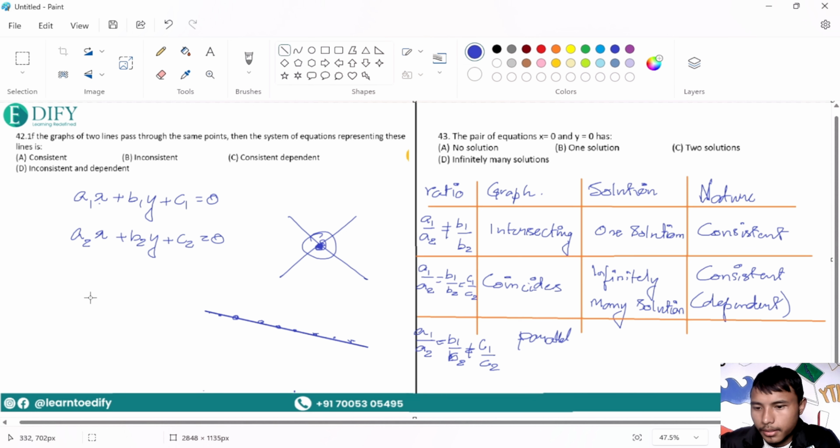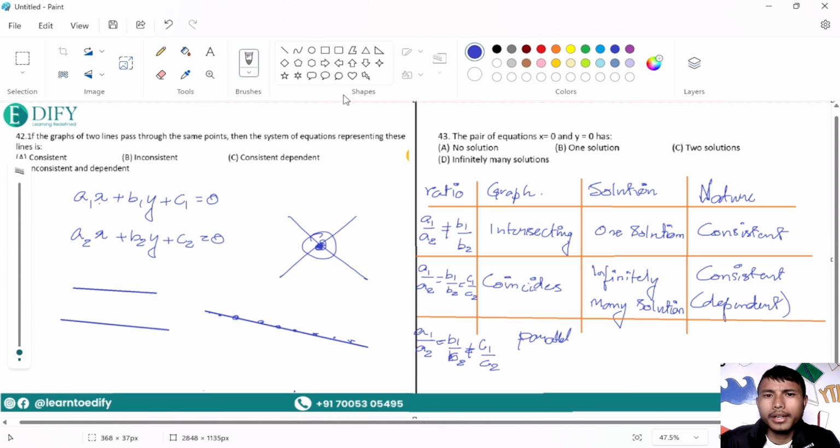They will never meet each other. An example is a railway track. So they have no solution, and since there is no solution, they are inconsistent.